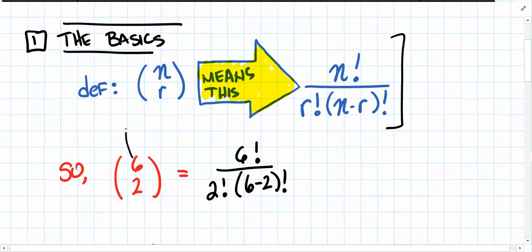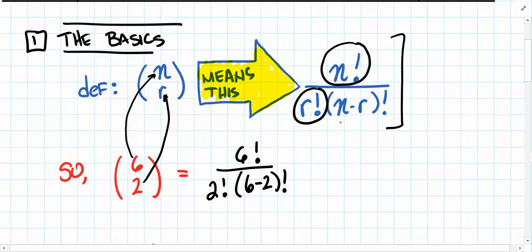So notice that the 6 is taking the place of the n and the 2 is taking the place of the r. So I'm plugging it in: my numerator, 6 factorial, there's my 2 factorial, and then 6 minus 2 factorial. And then, of course, we just evaluate. 6 factorial means 6 times 5 times 4 times 3 times 2 times 1. 2 factorial means 2 times 1.